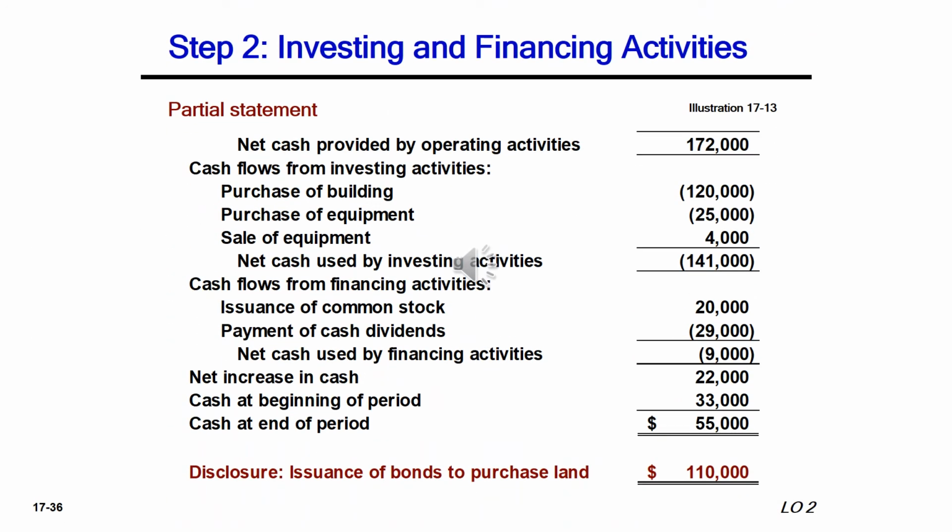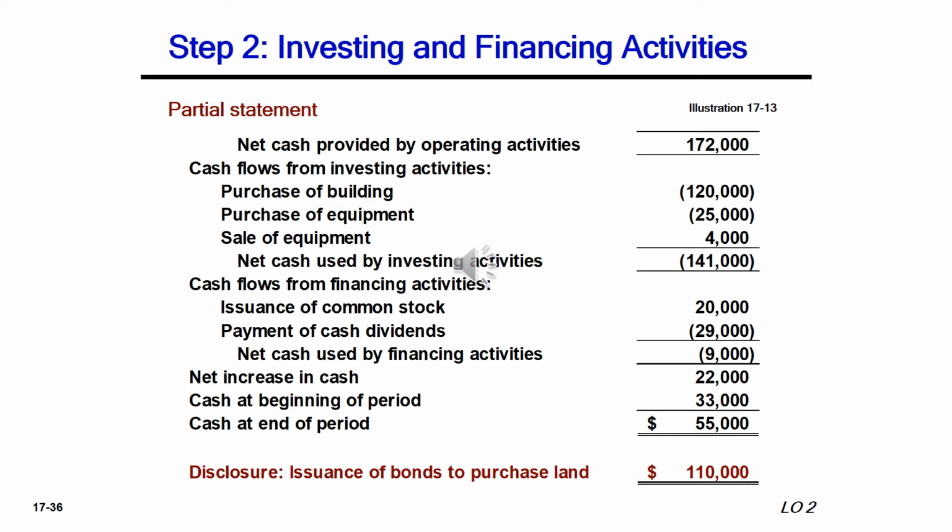Here we have a partial statement. So we only got the total from the previous steps that we've done so far, which is the net cash provided by operating activities. And then as you can see, you have the investing activities section and the financing activities section. Don't worry about the information that is here. It's a little bit ahead of itself.